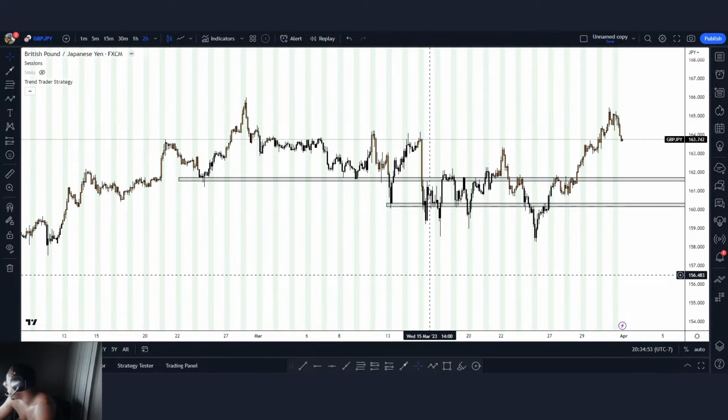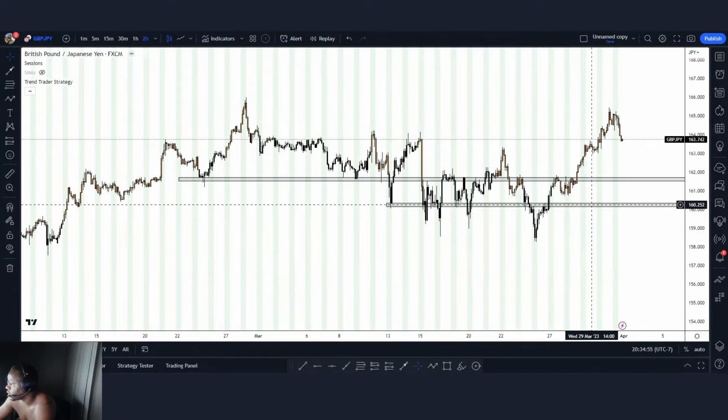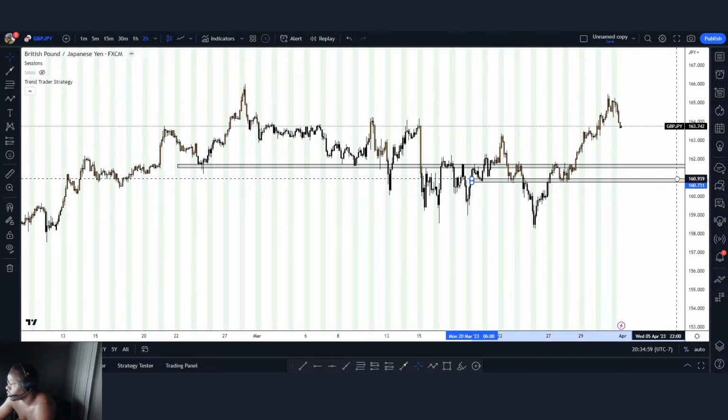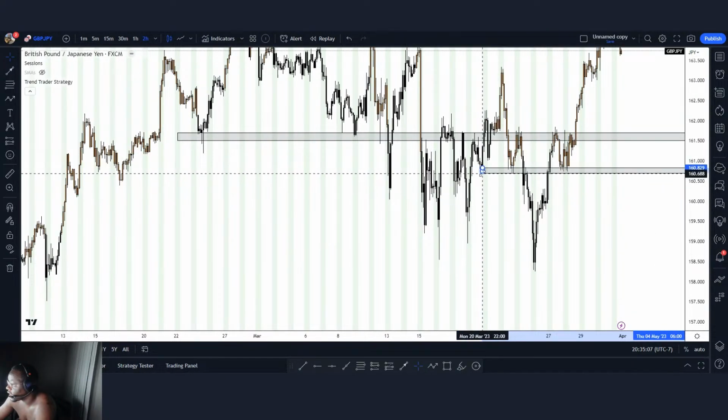We got this zone right here, I think. We got this zone. Okay, I'm gonna clean this up a bit.